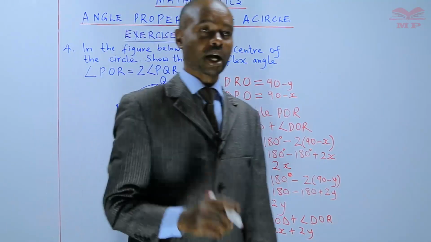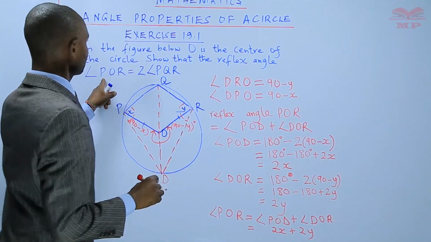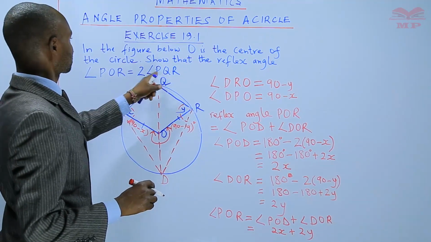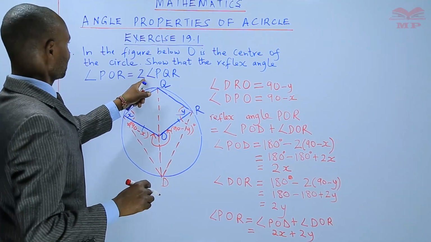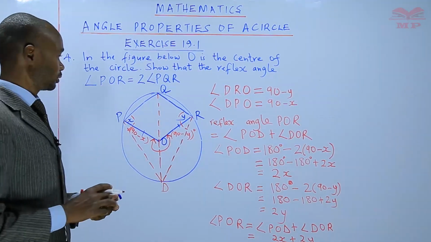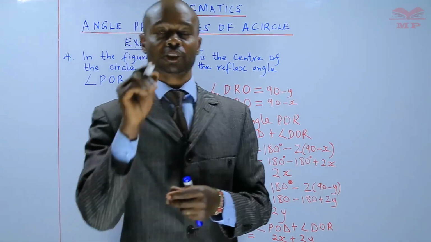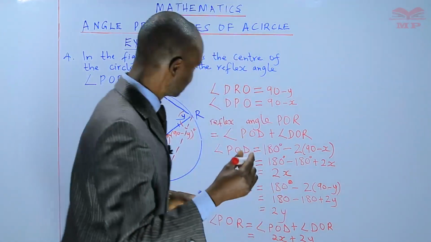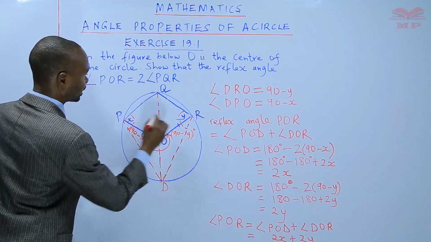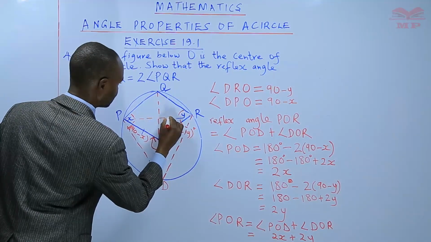So we have to go back and get the value of PQR so that we prove it is twice the value of the reflex angle we got. To get that, I have to introduce a chord in my diagram, and that chord is PR. So I'll introduce a chord here.